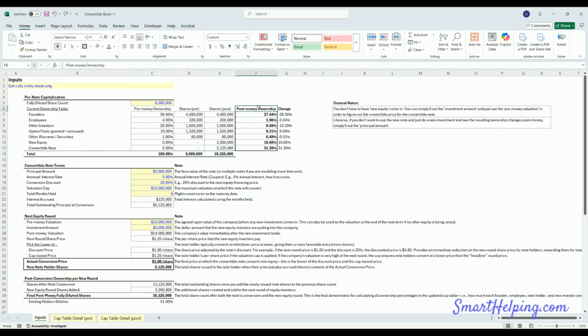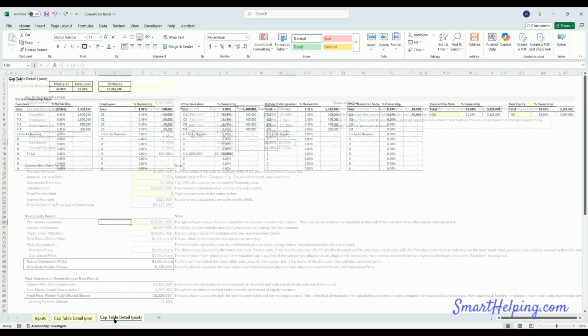This is the post money ownership. So here's what happens based on these events. Obviously we're diluting ownership by adding shares through either of these methods. And here's the change in each group. I also did the change. You'll see the change in ownership on the cap detail post.